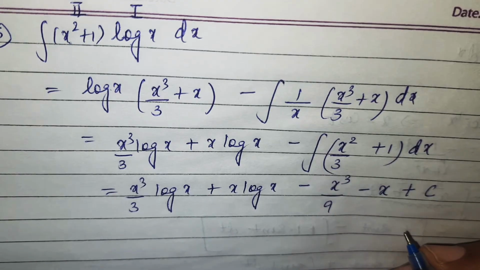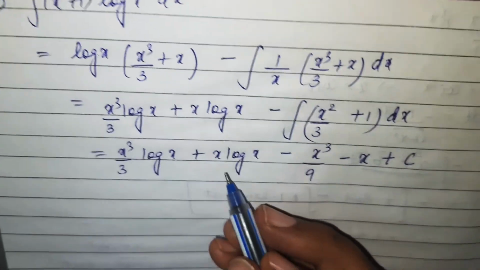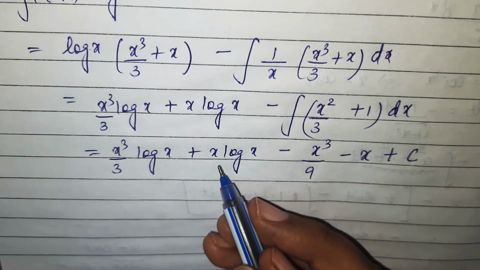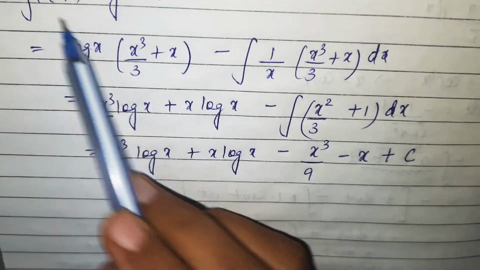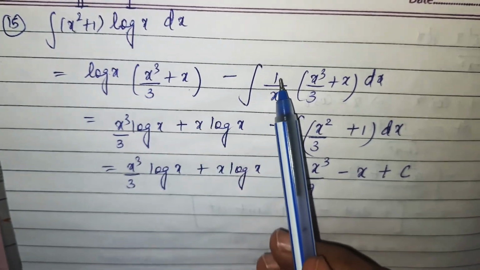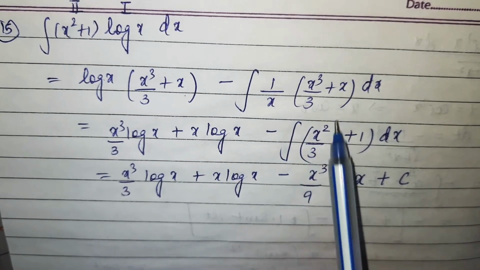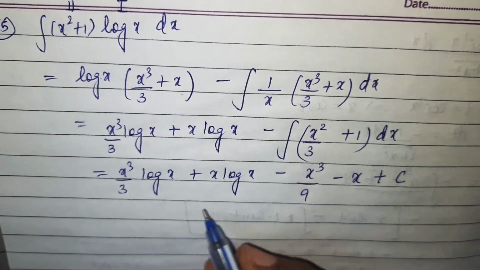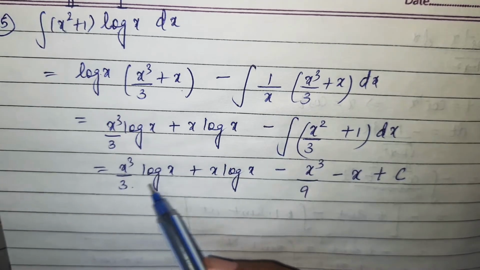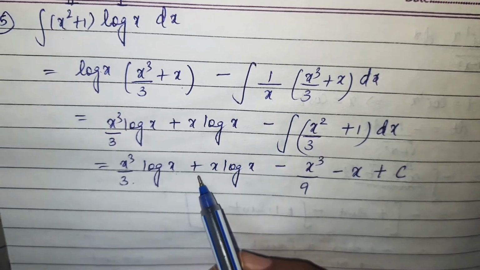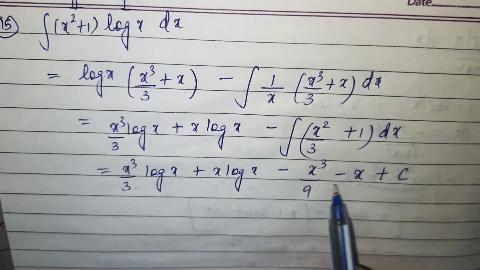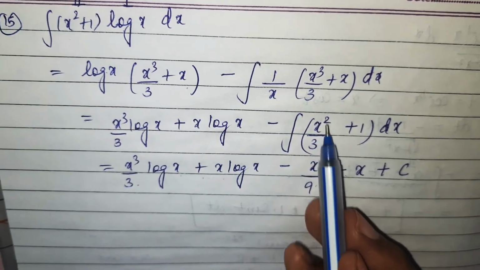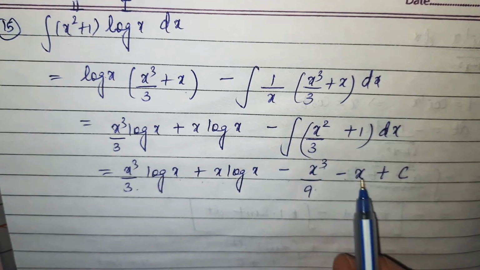So your final answer is what? I am getting log x, first function same, integration is this, then differentiation of this, and then I am getting this. So this will be your final answer, x cube by 3 log x plus x log x minus x cube by 9, because x cube by 3 into 3, then minus x plus c.